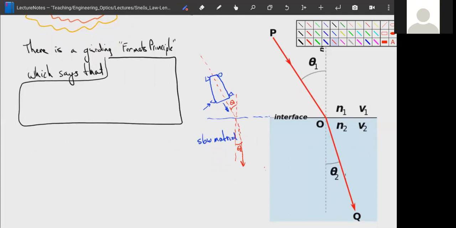The light and the car really both turn, like I said, I like to think of it as turning towards the material where it is slower. So that explanation is a way of understanding why it happens.